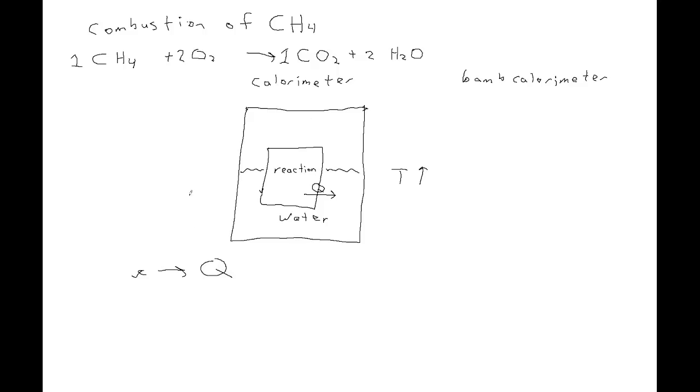Oh, so that would mean Q is equal to m c delta T. What does m stand for? It's the mass. The mass of what? It's the mass of the thing that's changing temperature. And what does Q stand for?